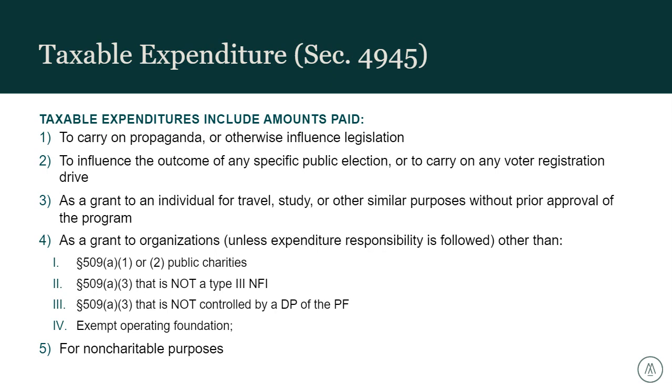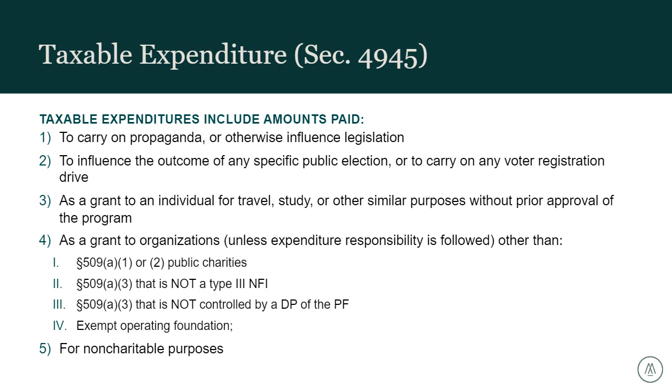So a lot of the things we're talking about with respect to this particular presentation really apply to grant-making private foundations. There are some of these things as well that apply to operating foundations, but some of them don't. And obviously a grant that you make for any non-charitable purpose would be a taxable expenditure.